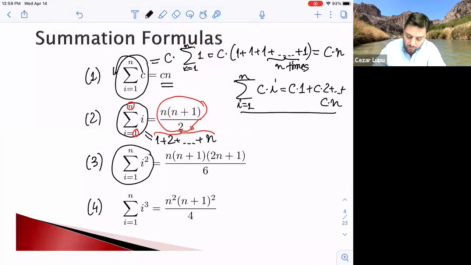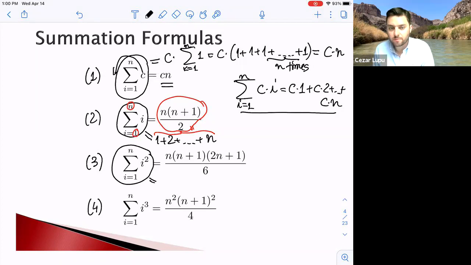This guy is what? What is it? The sum from i equals 1 to n of i squared. How can I write this explicitly without the sigma notation?